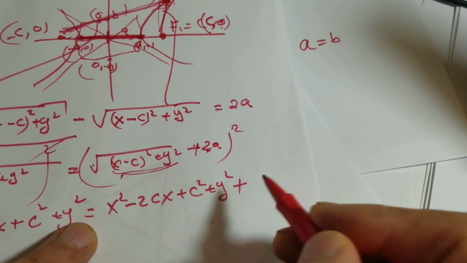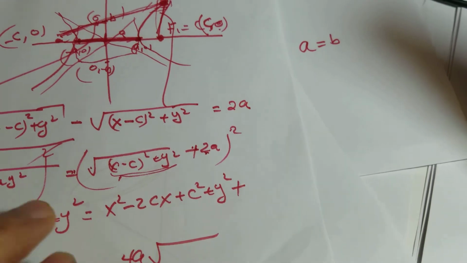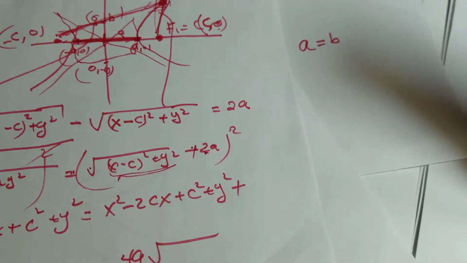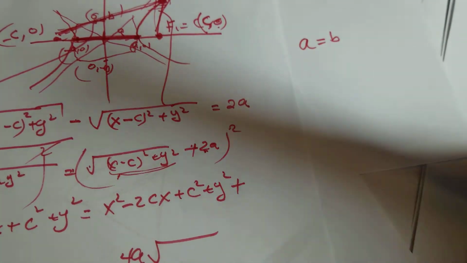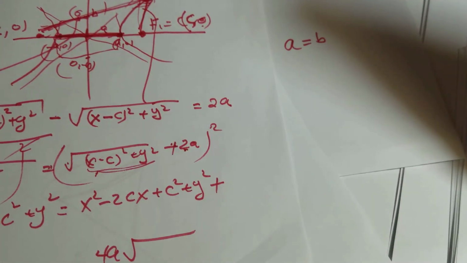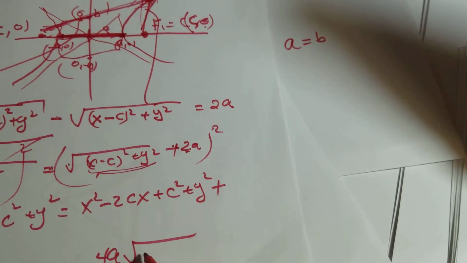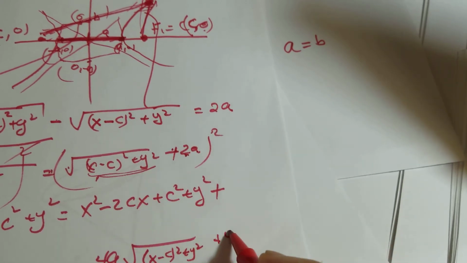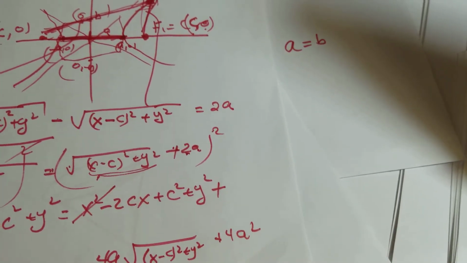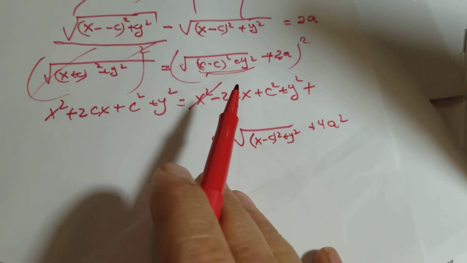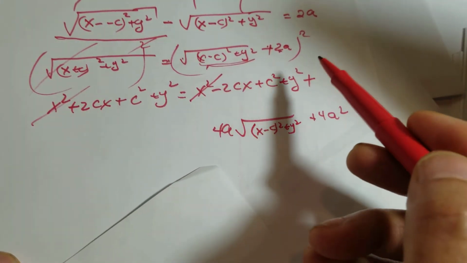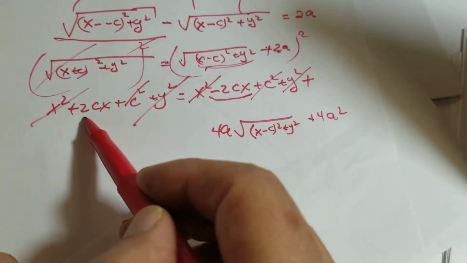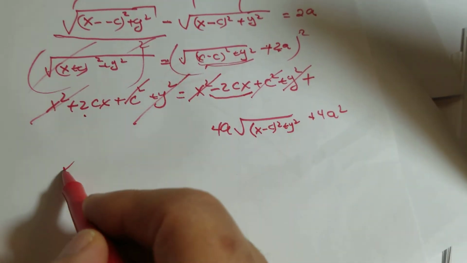Double, make it 4a times, my computer is running out of battery, and 4a times the square root of x minus c squared plus y squared plus 4a squared. See, that x squared and that x squared is gone. The c squared and c squared is gone. The y squared and y squared is gone. You have negative 2cx minus 2cx. It becomes 4cx.